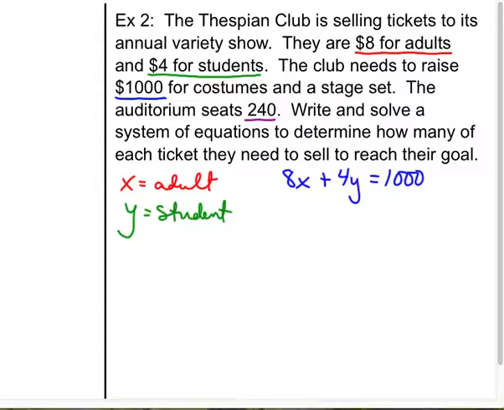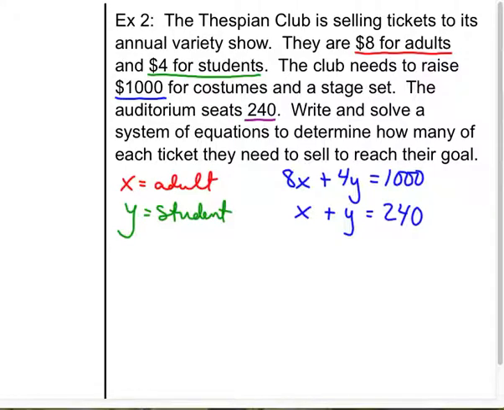Okay, but we can't sell 300 student tickets to make this price that we want. So instead, we also have to keep in mind that the number of adult tickets we sell, plus the number of student tickets we sell, can't be more than 240 tickets. Okay, so here are 2 equations, and now we're going to solve by substitution.